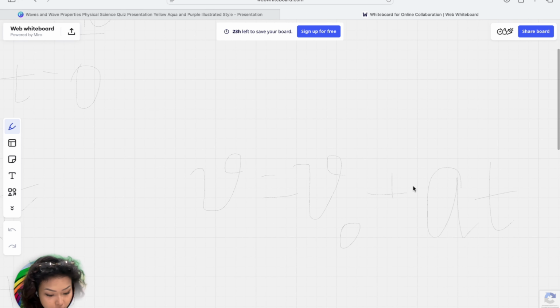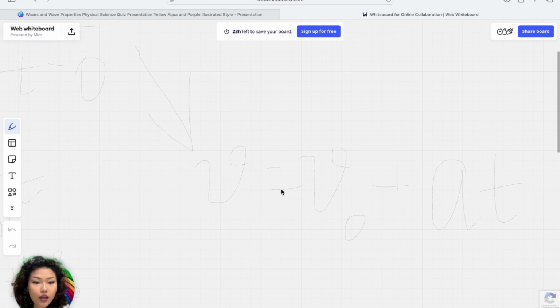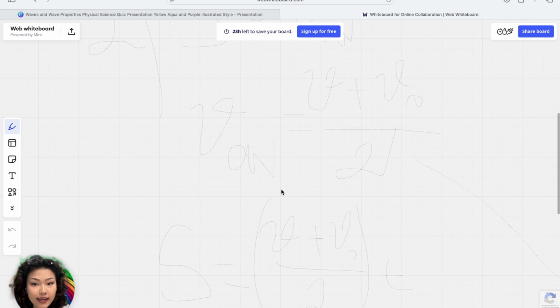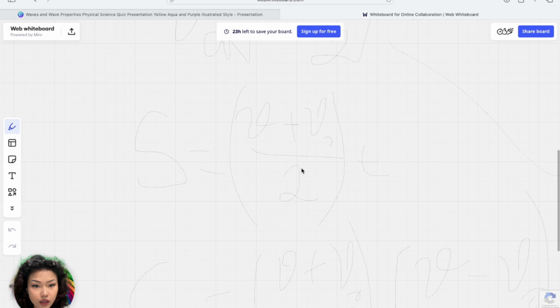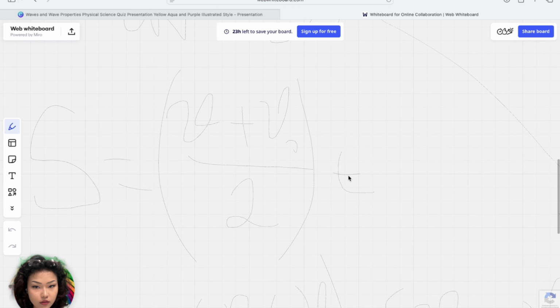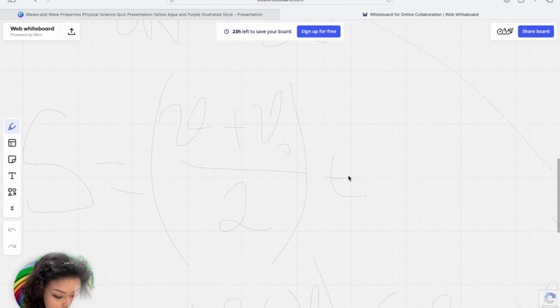So we take it from there. That's the rate. And let's just replace this V in this formula with the one that we wrote two seconds before. So there we go. It means that V0 plus at plus V0 divided by 2 multiplied by t.